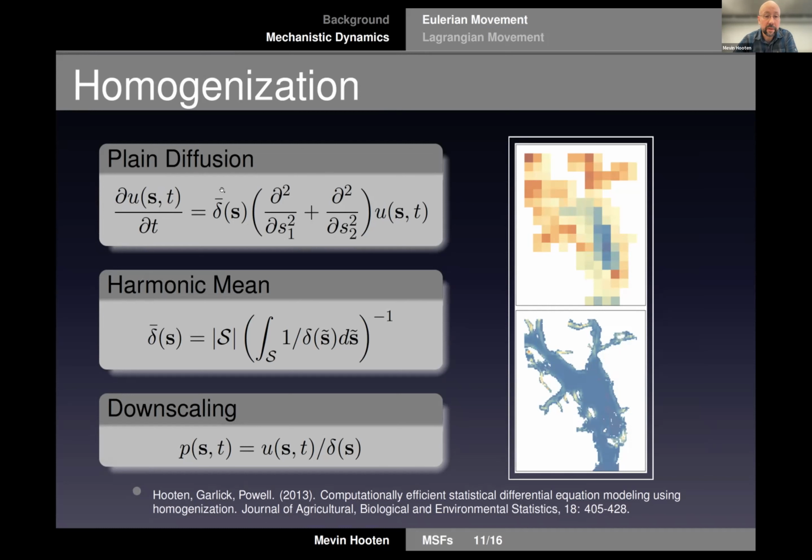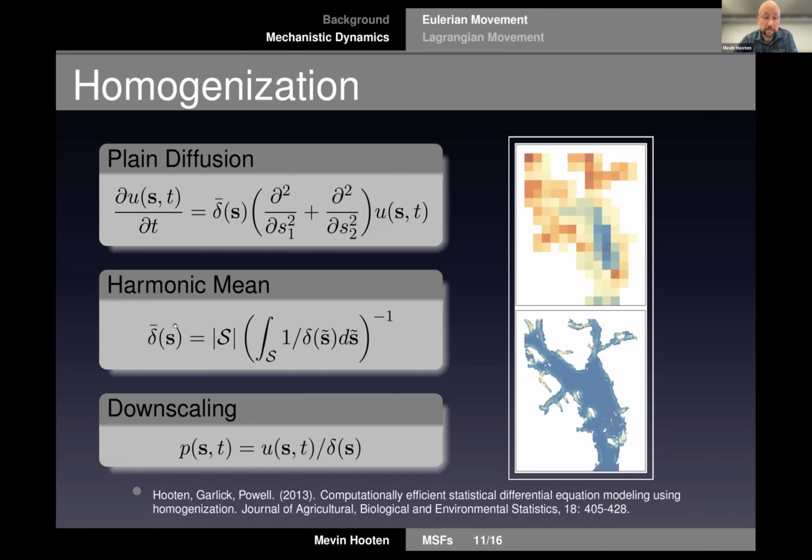What's really neat about it is there's two things. Delta bar is actually a harmonic average in space of the original diffusion coefficients, and so that has some really interesting statistical properties. It's kind of a downscaling method in a way.